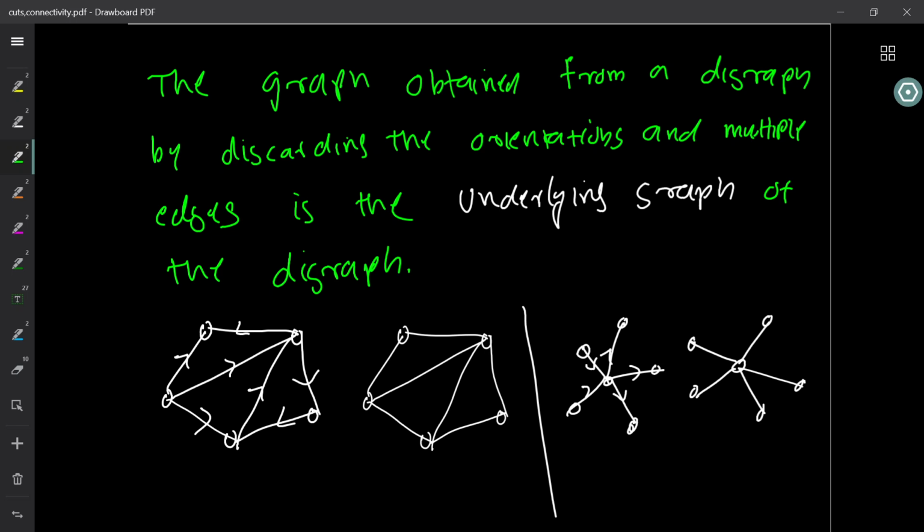So even if you have two directed edges, or bidirectional edges, we can still consider this graph as the base graph. So this is the definition that we are going to use at the moment.